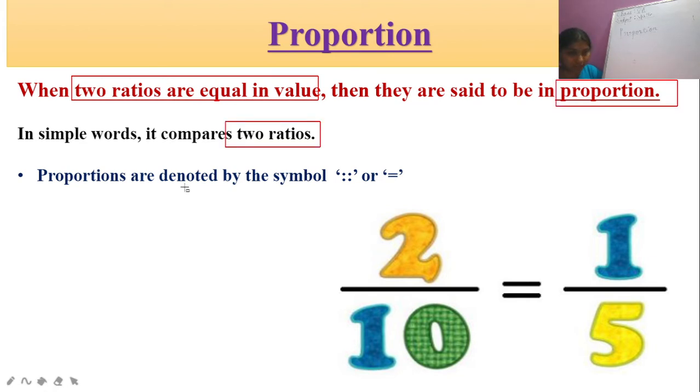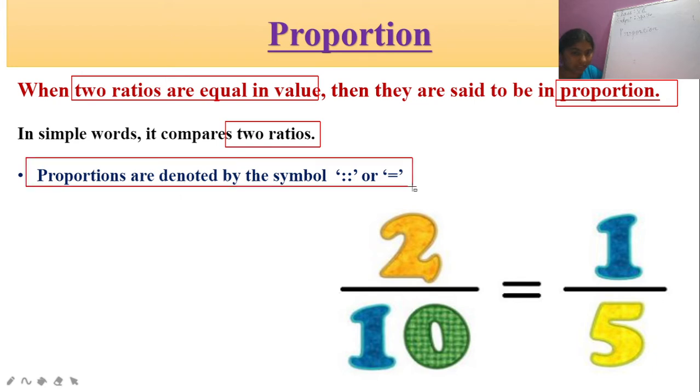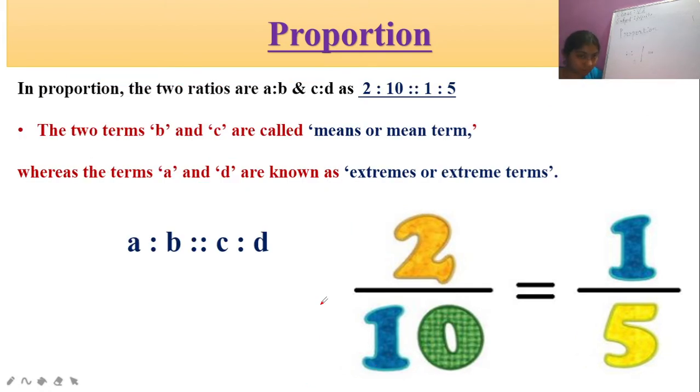A proportion is denoted by these signs: these four dots, or we can also represent it with an equals sign. So you can see students, if we have two ratios in front of your screen and we divide, we get 1 by 5. If we simplify it, we can say these two are equal. So these are in proportion, right students?